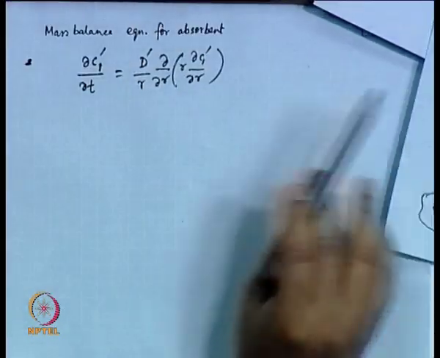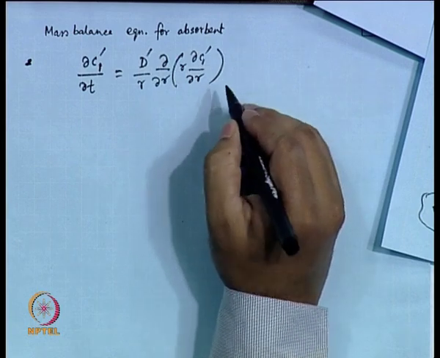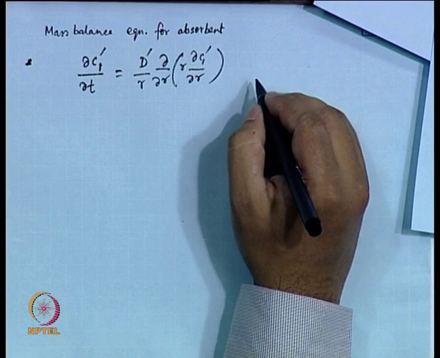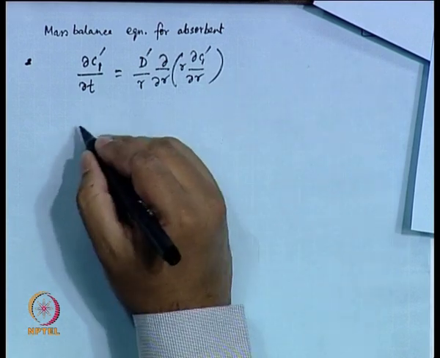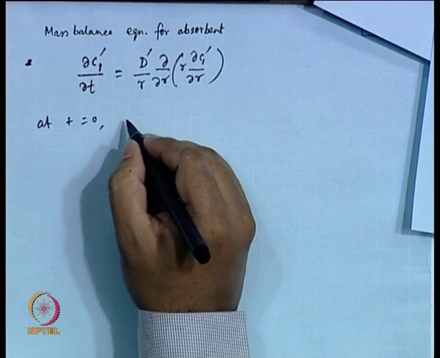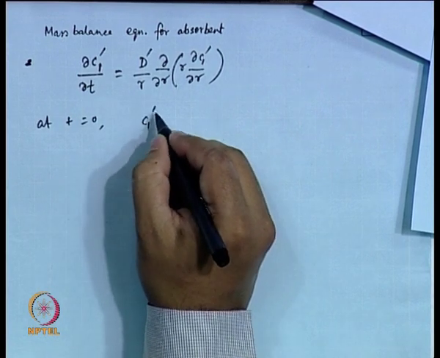Now, if I try to write quickly the boundary conditions for the solid phase: at t is equal to 0 for all r, C1 prime is equal to 0.